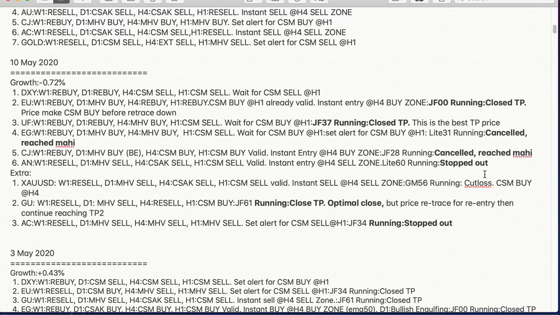So we only have two trades closed for profit, which are EUR USD and USD CHF. We cancelled EUR GBP and CAD JPY because the price shot up without taking our orders.